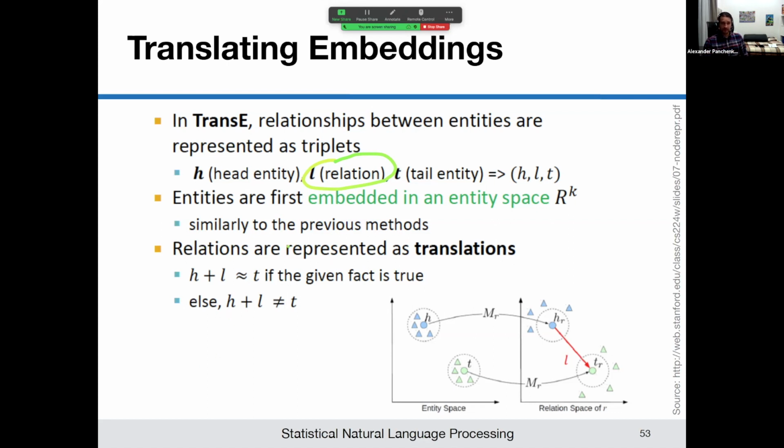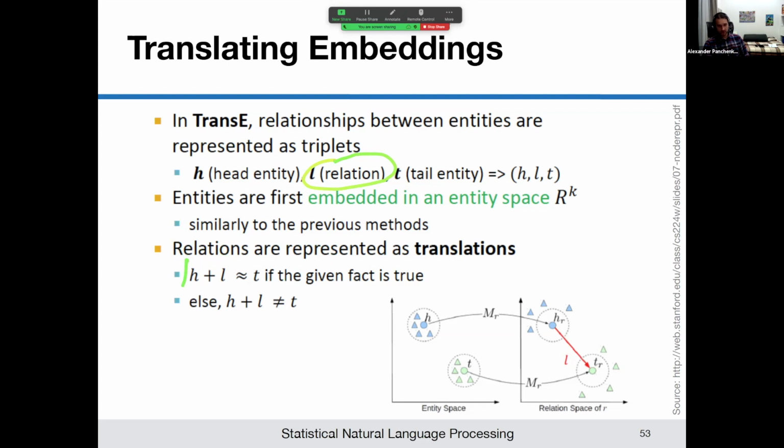And the authors of this group of approaches basically propose to also learn embeddings of different relation types, and what they suggest is to do operations similar to the word2vec analogy operation.